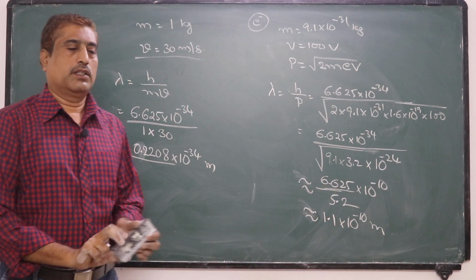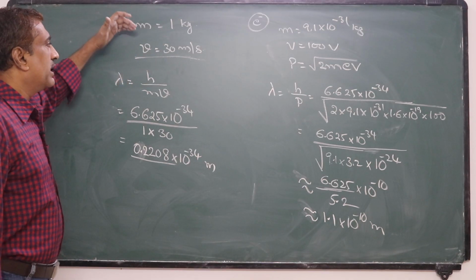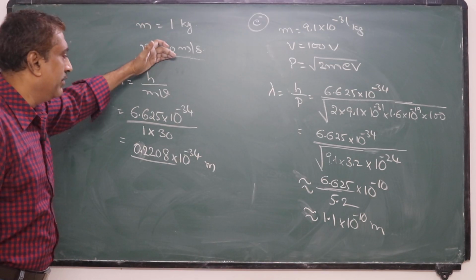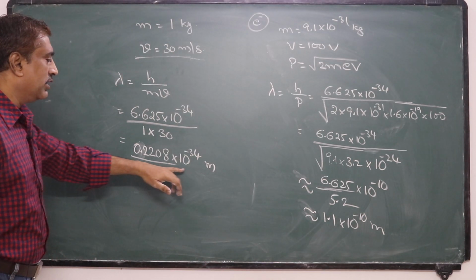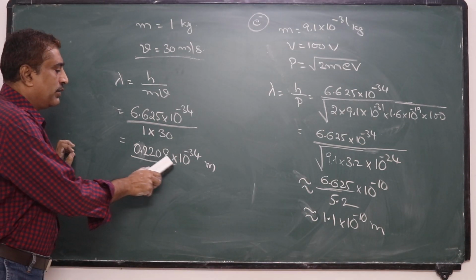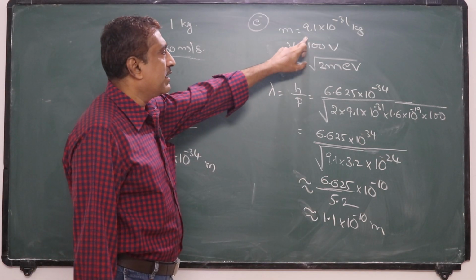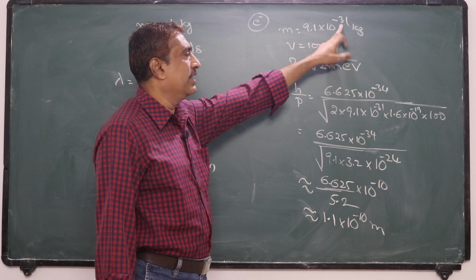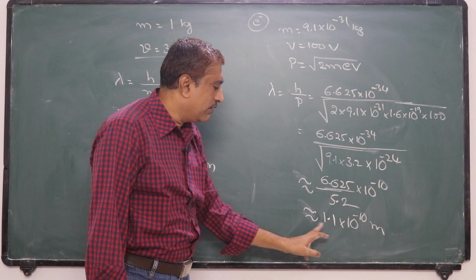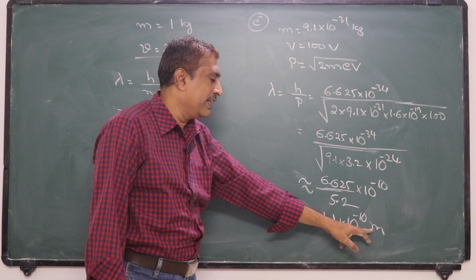Now if we consider a ball of mass m moving with a velocity v, the wavelength associated with the moving ball is 0.22 into 10 to the power minus 34 meter. Whereas an electron of mass 10 to the power minus 31 has a wavelength of approximately 1 into 10 to the power minus 10 meter.